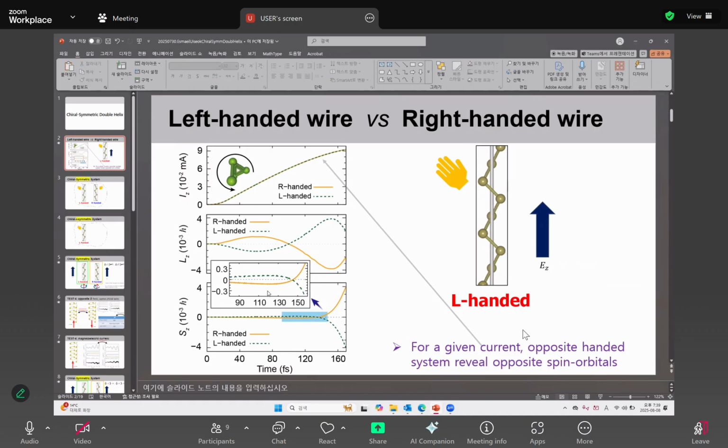We also calculated this current. You see time, current, and the orbital angular momentum and spin angular momentum of this single wire. So let me call this single wire a chiral asymmetric system. Ismail, do you understand? Do you agree? Yeah, I understand.